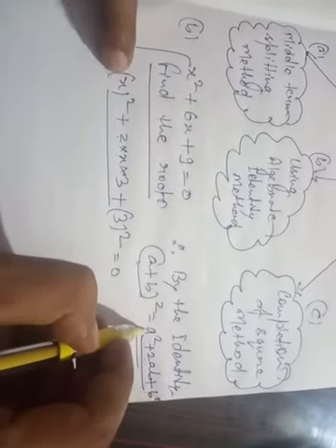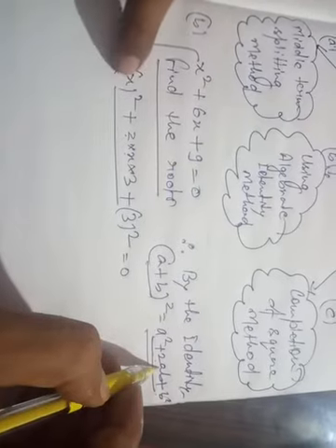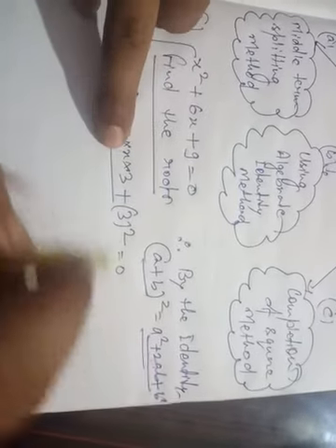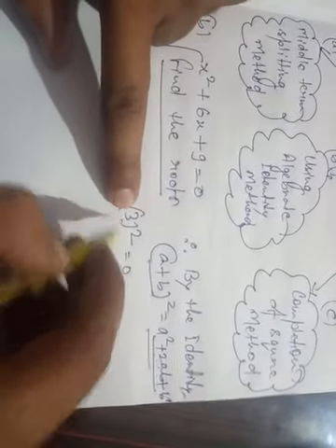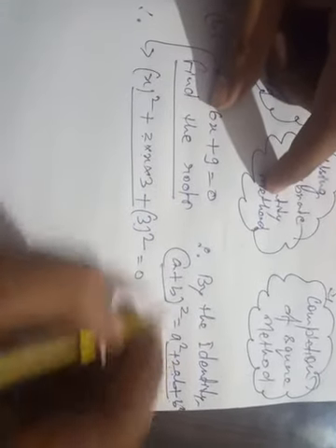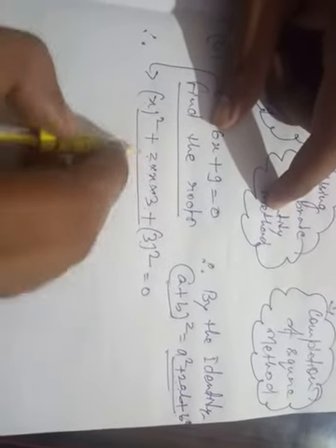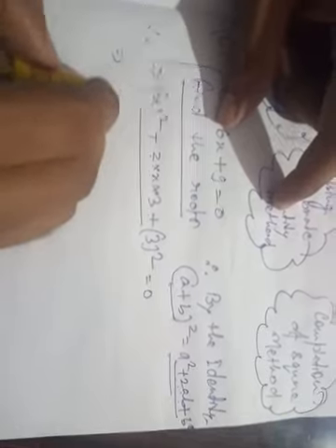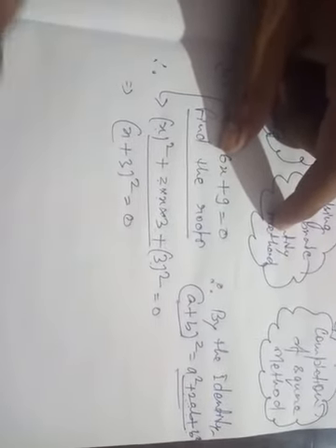So a square is x square, plus 2ab, there is also 2 x. In place of a we have x, in place of b we have 3, and here b square, that is 3 square. So this is the whole square of a plus b. So in case of x and 3, it will be whole square of x plus 3. So directly you can write x plus 3 whole square.